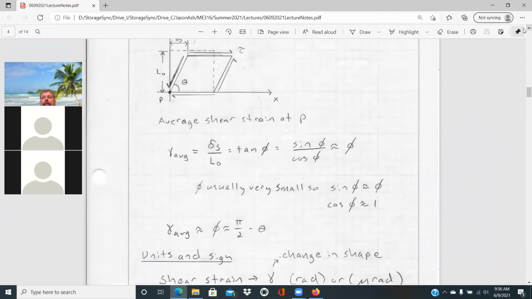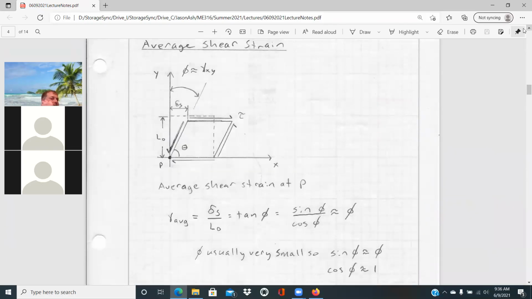And then shear strain, dealing with results of shear stresses, that type of thing. You look at that from a different perspective. We have our shear stress arrows drawn on here.